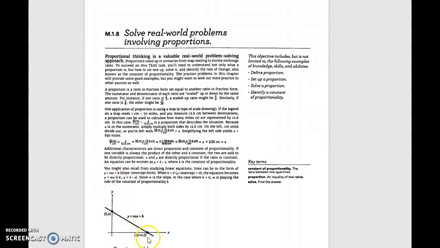We can see that here in an example. (0, b) is our y-intercept. Negative b divided by m over 0 is our x-intercept. So our line equation is y equals mx plus b. If b was 0, then we would just have y equals mx, or our slope times some number, where the slope, which is the same thing as k, is our constant of proportionality.